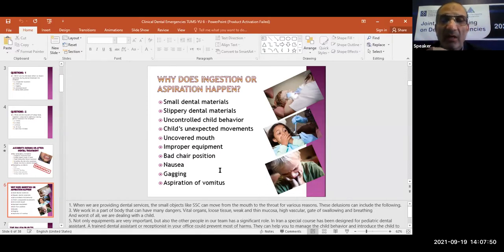Other items like an uncovered mouth, improper equipment, or bad chair position are very important to our procedure and our problem.